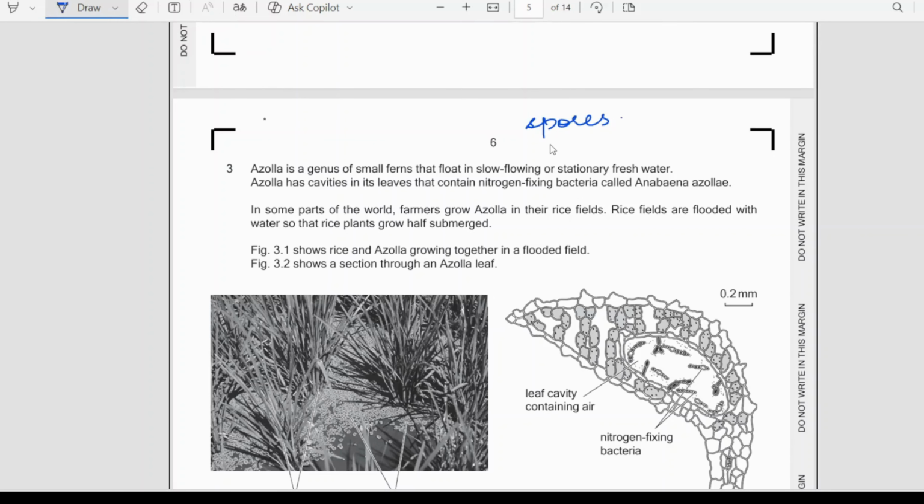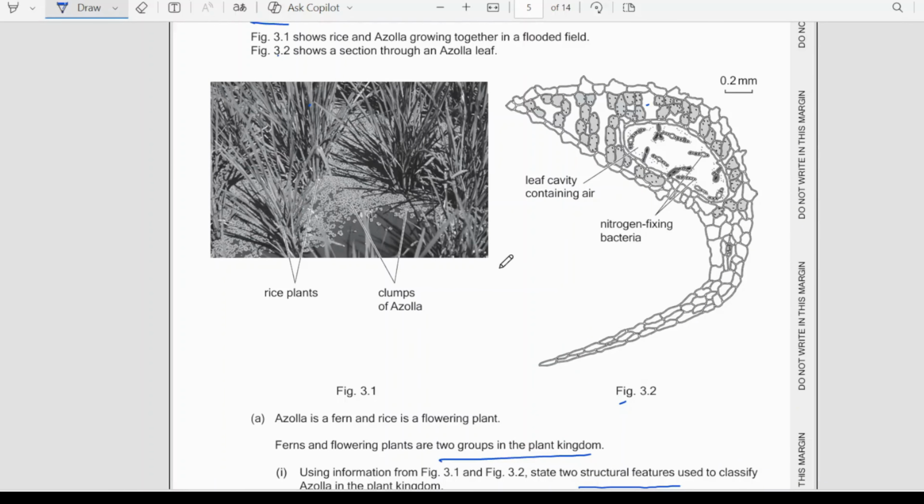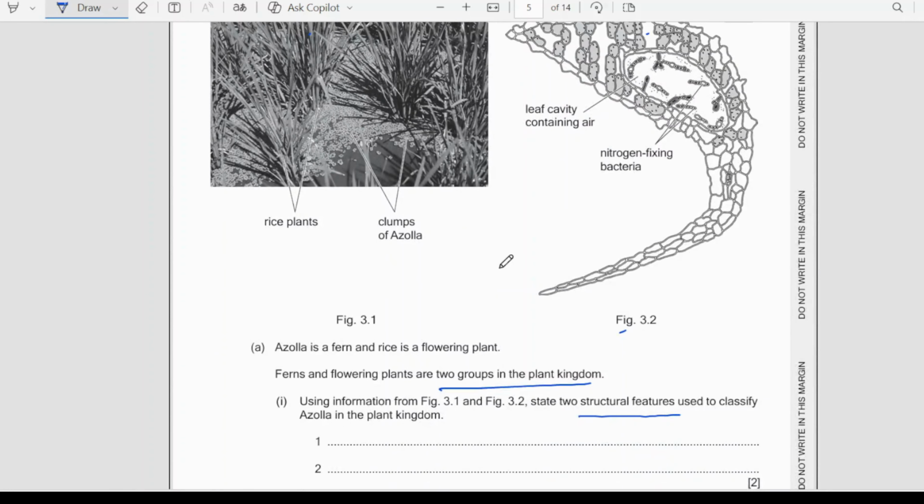No, these are not spores. These are green pigmented organelles. Yeah, these are chloroplast. What else is present? Yes, they can have chlorophyll, but we have to tell the two structural features.